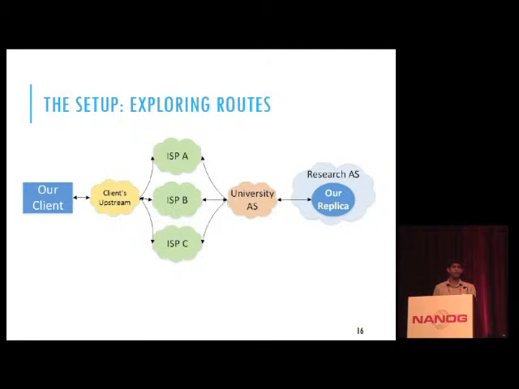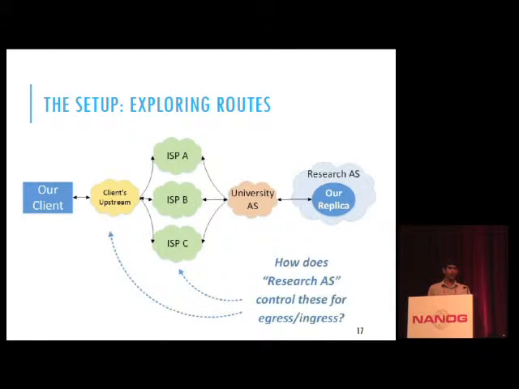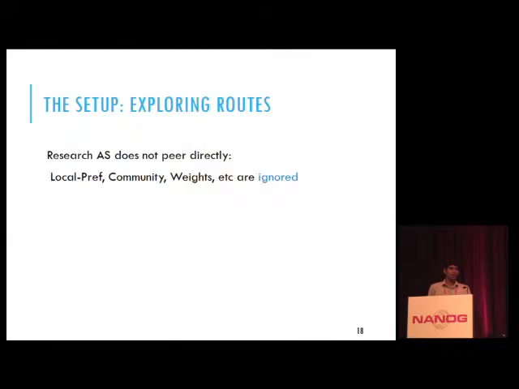On the other end, we have a replica, which sits within a research AS. And this research AS speaks to the outside world using a university AS. Now, because this is a research system and things are largely in flux, attributes like local preferences or weights are ignored by the university AS because it does not want the trouble of actually dealing with that flux.